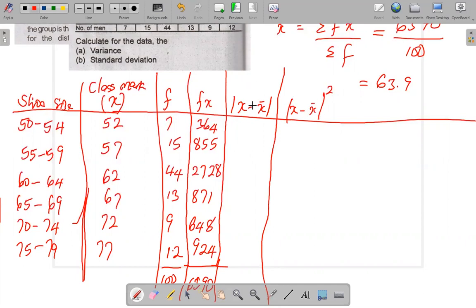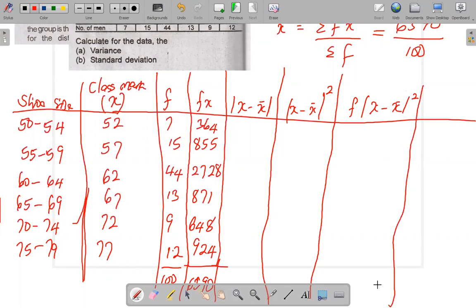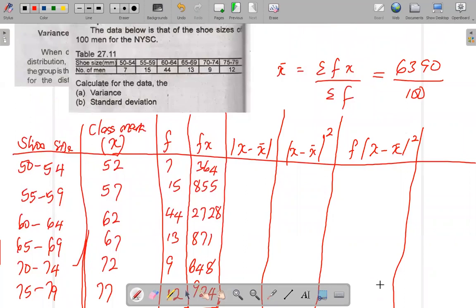We can decide to square it here like I did in my previous example, but for clarity, let's separate it. Then finally, to get the variance, F multiplied by X minus X bar squared will give us the next column. So let's do that one after the other.